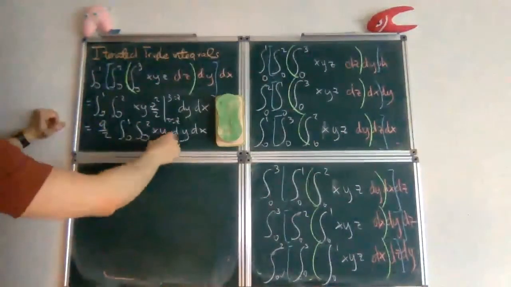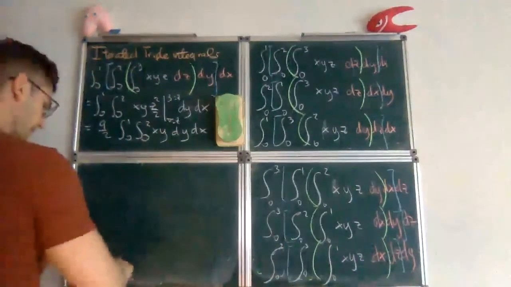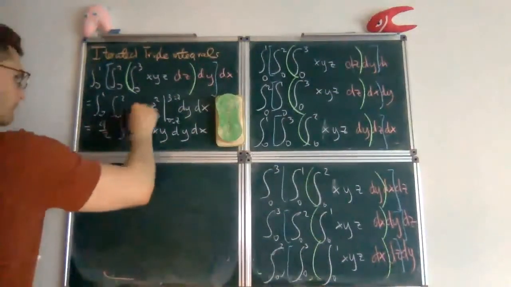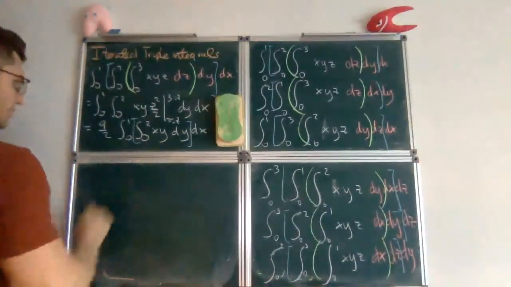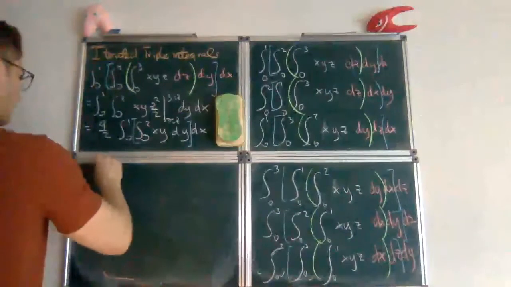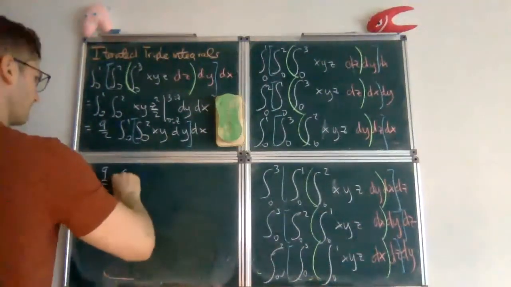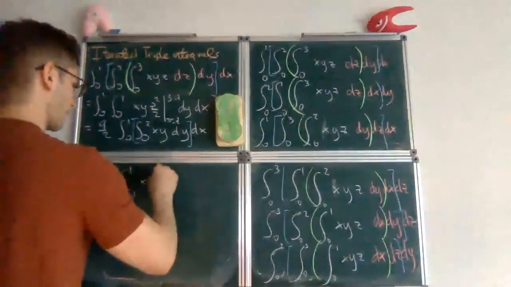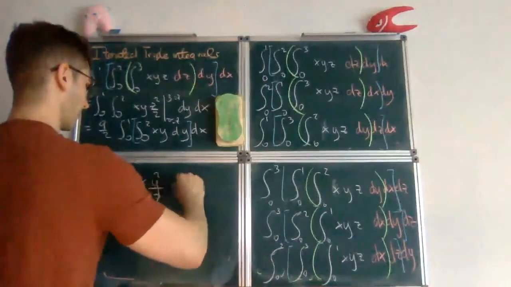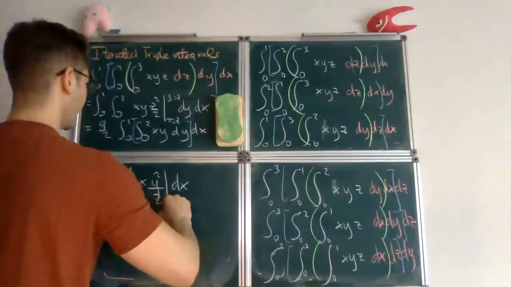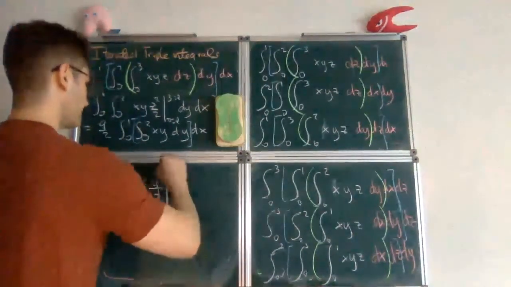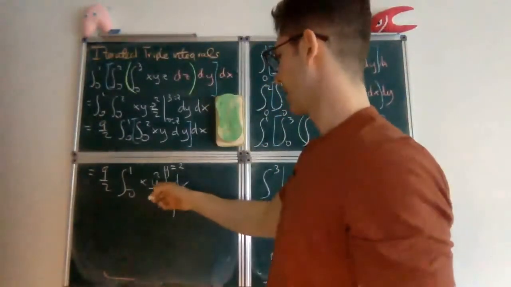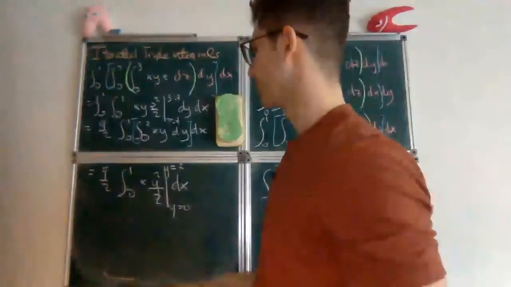So now you integrate with respect to y. Remember that x is now like a constant, and y is being evaluated at 0 and 2. So again, at 0 you don't get anything. At 2 you get 4 over 2, which is 2.